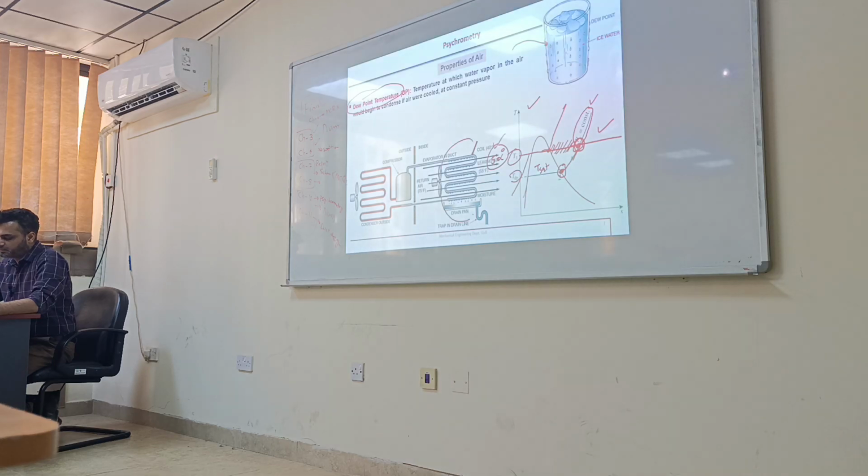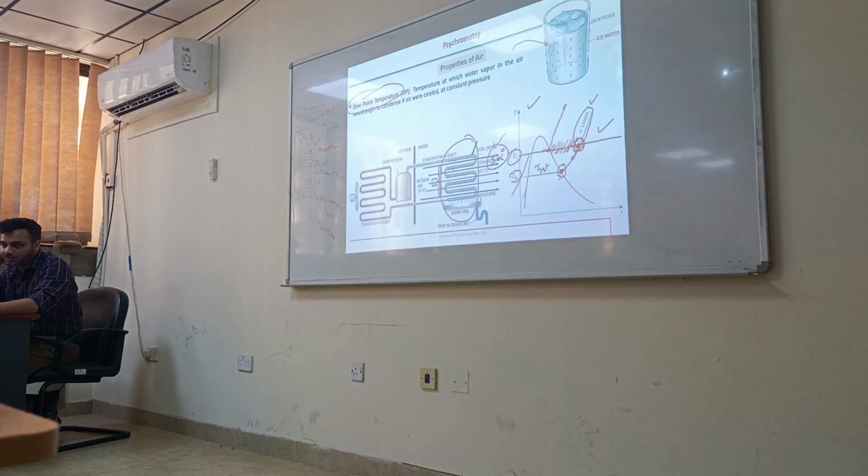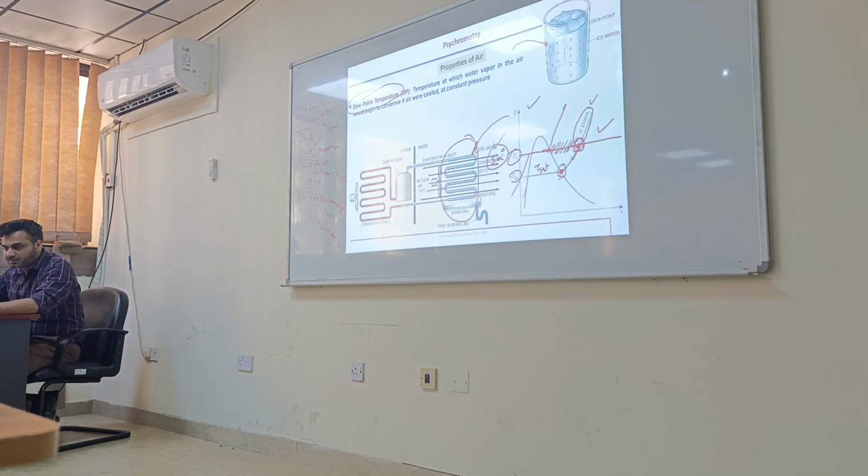This is the indoor unit or inside the cabin of our household refrigerator. So this ambient air, when it comes in contact with the very cooled surface, the water vapor present in that air, maybe its temperature is lower than its saturation temperature.